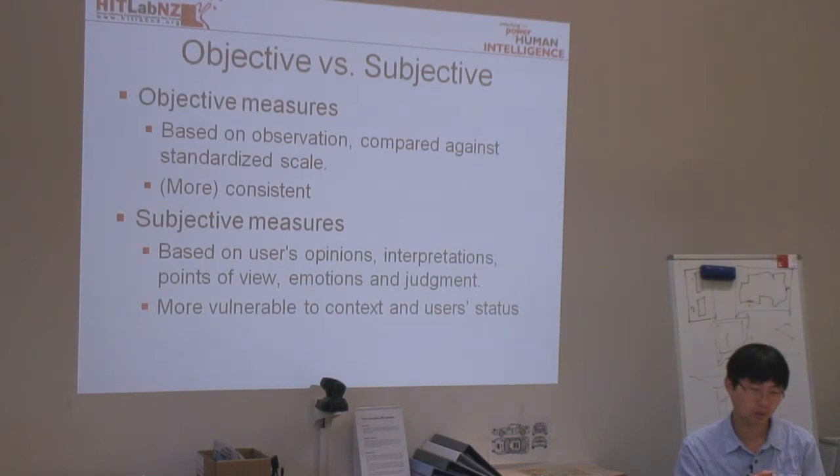And also we talked a little bit about how objective measures differ from subjective measures. So objective measures are those you can observe and measure and compare against the standardized scale. And subjective measures are based on users' opinion, so they have to reply in their own verbal description or give a rating or rank for each of the design choices and so forth.